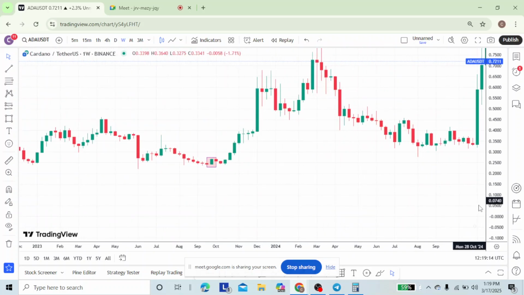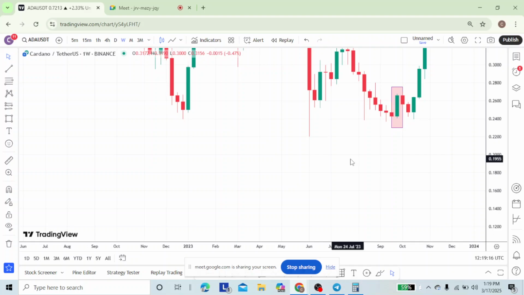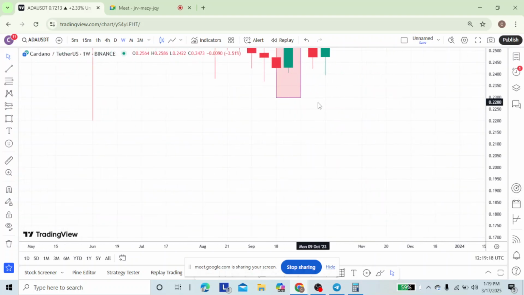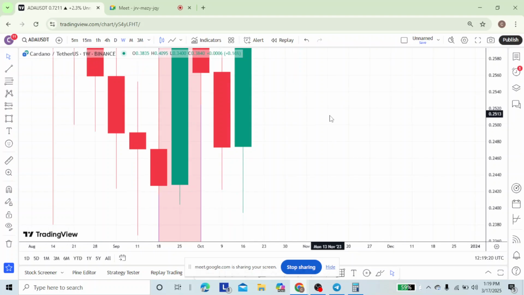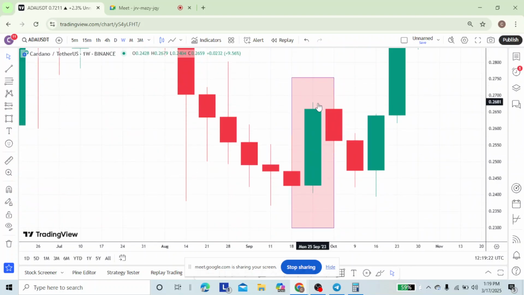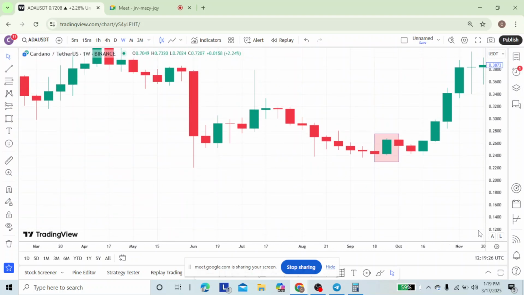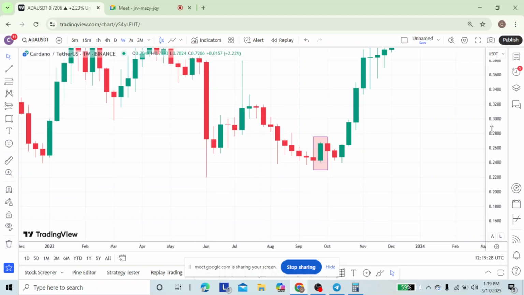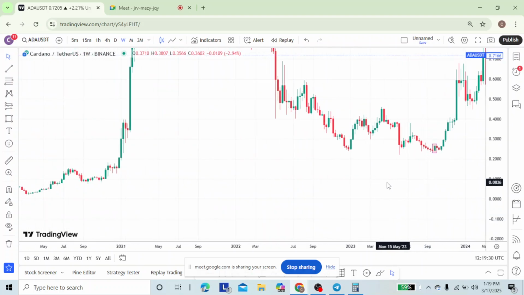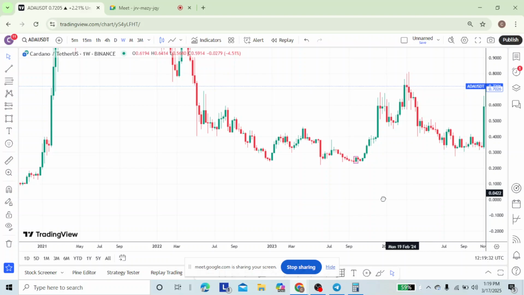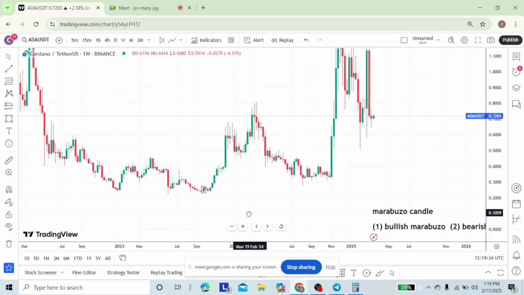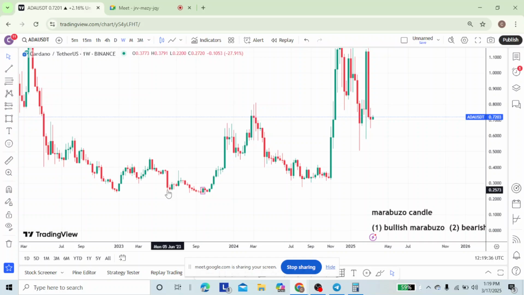Not until I zoom in am I able to see the wicks. But when I put my chart to normal, I shrink it to normal, it shows no wicks. So this shows that there are buyers in the market, and now I can join them to also buy.